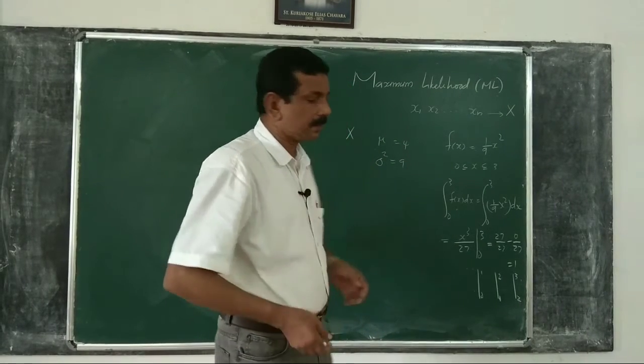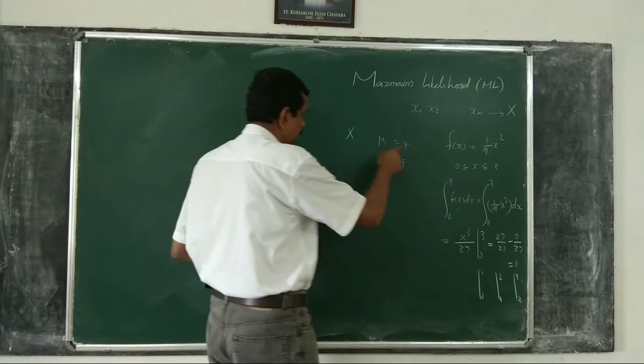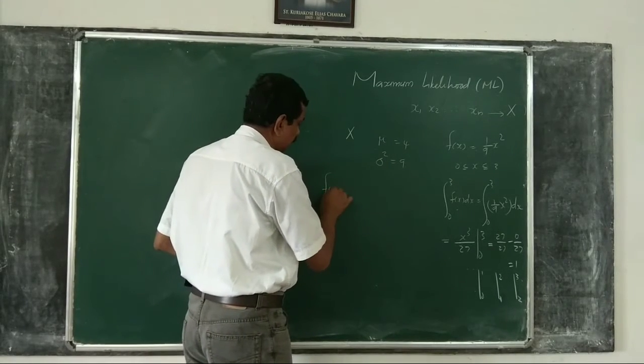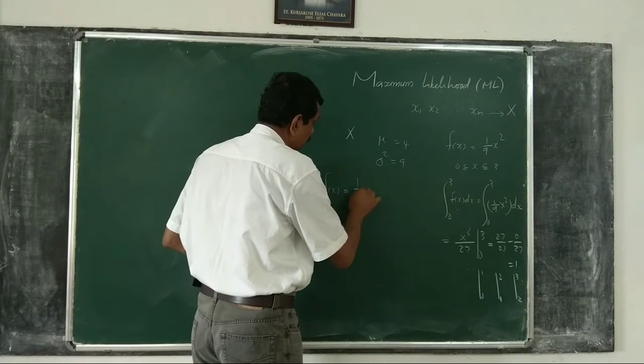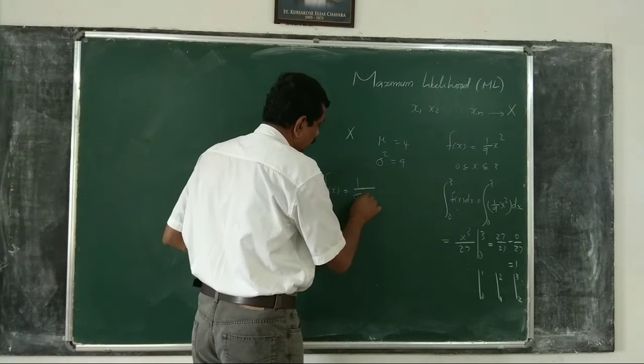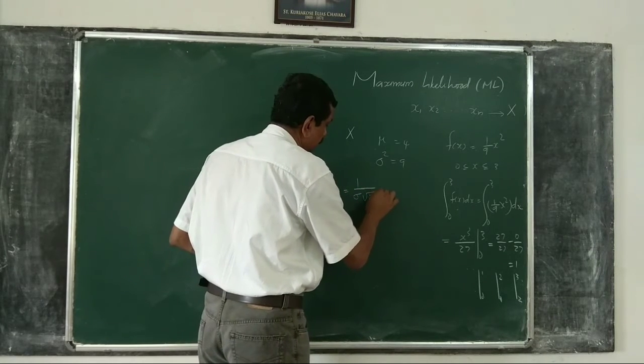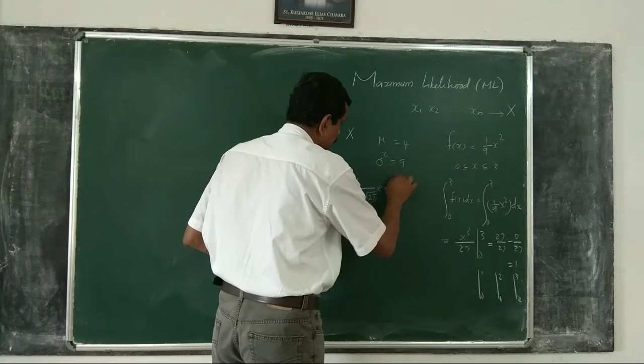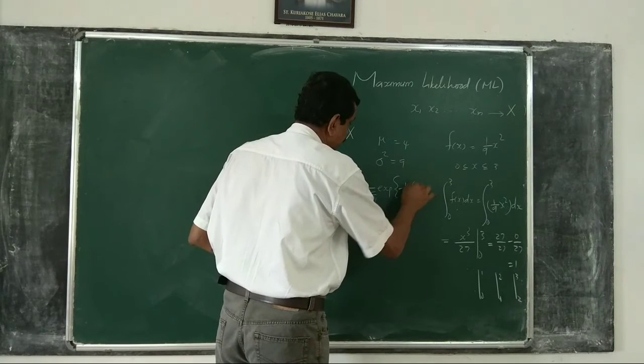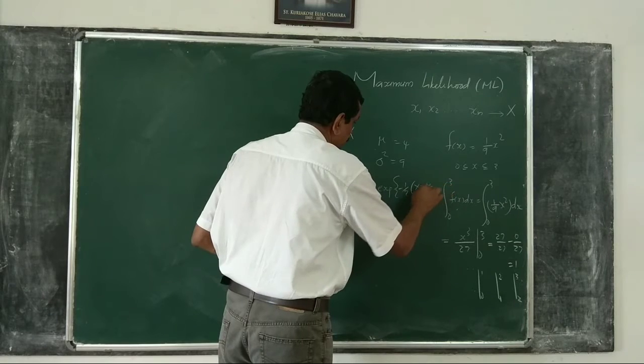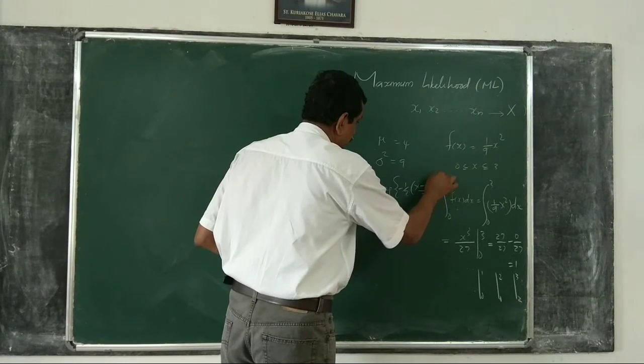This can be calculated because the PDF of x is known to us. f(x) is equal to 1 by sigma root 2 pi exp of minus half of x minus mu by sigma the whole square.